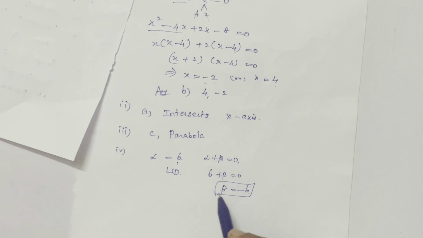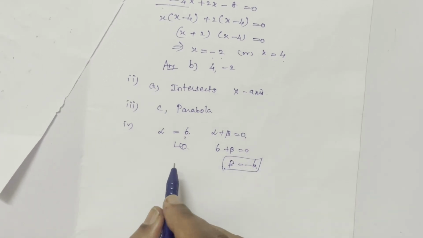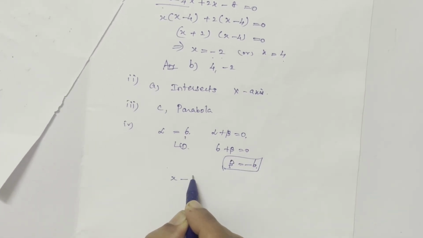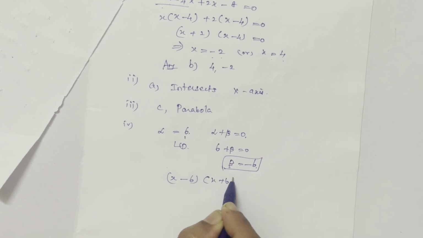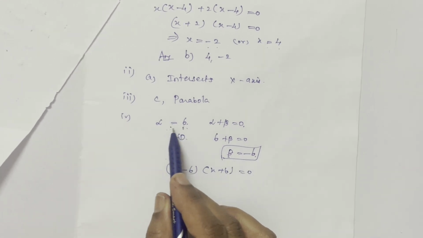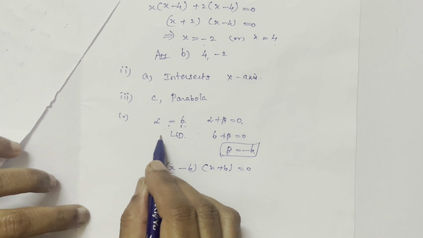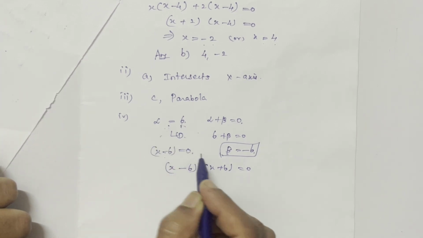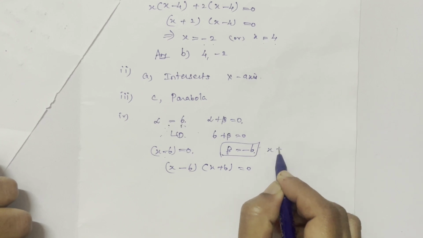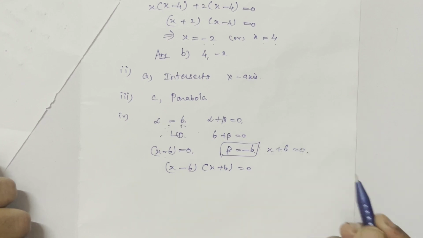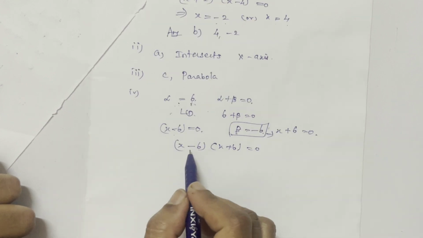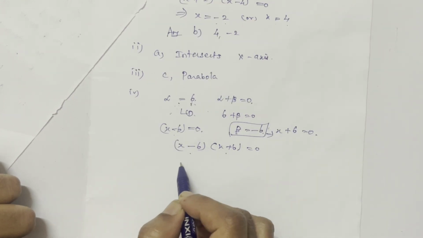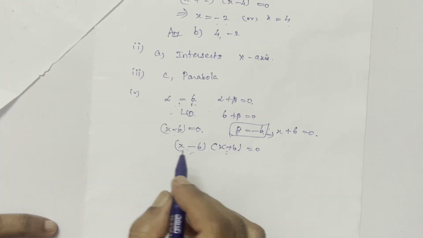So with these roots we have to make a quadratic equation. So x minus 6 into x plus 6 equal to 0. That is, the roots can be written as alpha equal to 6, x minus 6 equal to 0, and from this x plus 6 equal to 0. We have to multiply these two equations.